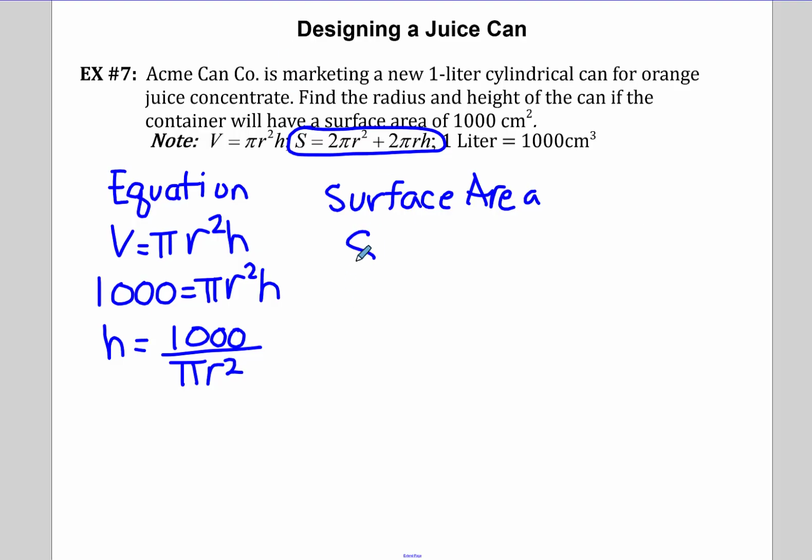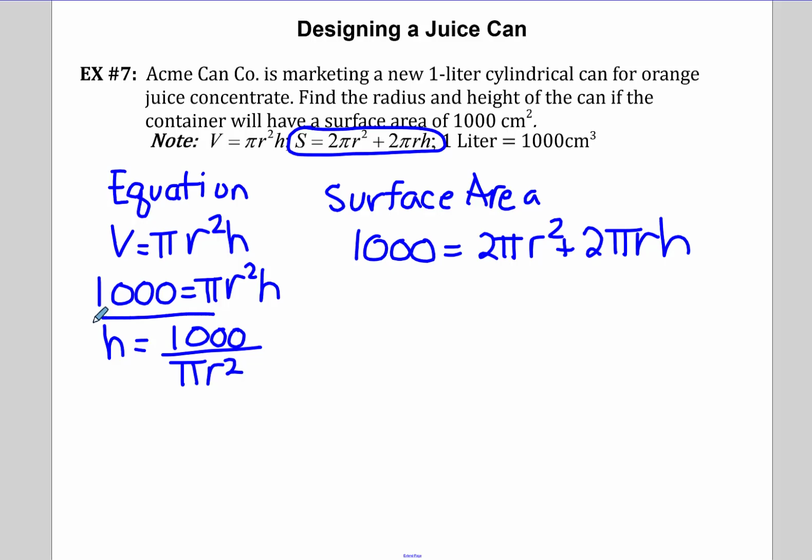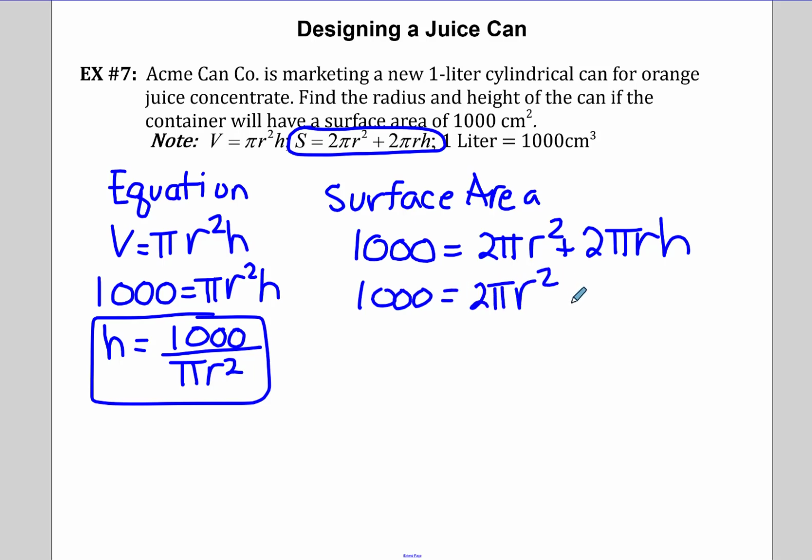Okay, so the surface area is going to be 1,000 centimeters squared. So 1,000 is 2 pi r squared plus 2 pi r h, and we're putting our expression in place of the h, substituting it into this equation.